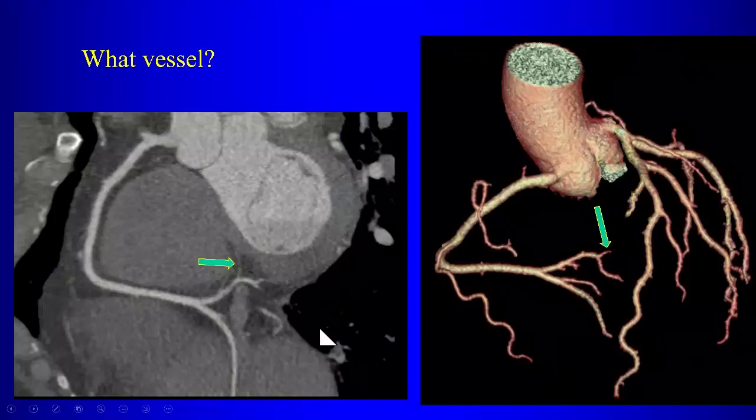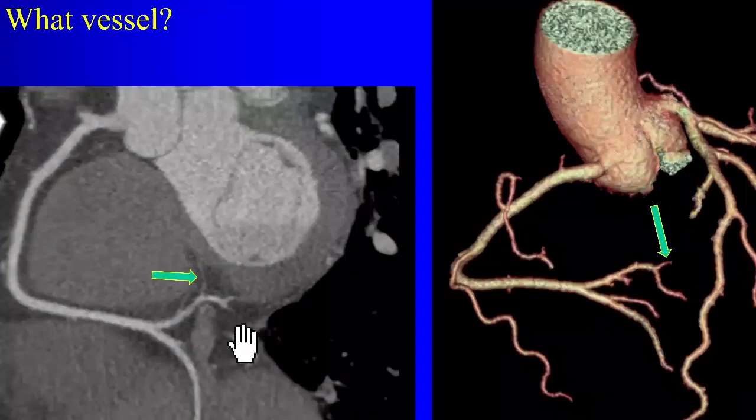And now for this slide, what is this vessel here? Yeah, so that's the AV nodal branch. All right, so this is the AV nodal branch here.